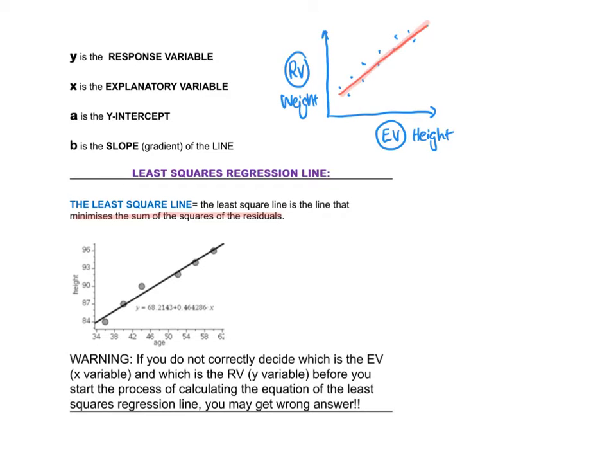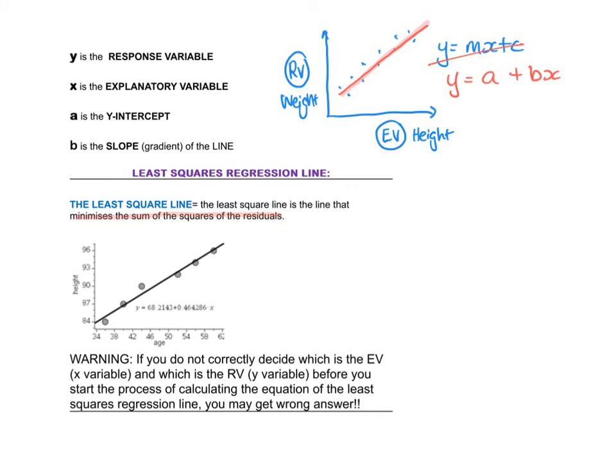We're used to seeing a straight line being y equals mx plus c, but we're not going to use those variables anymore. Now we're going to use y equals a plus bx. It's still a straight line pattern.